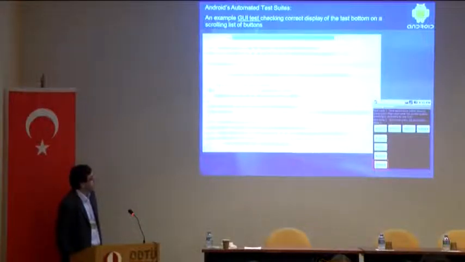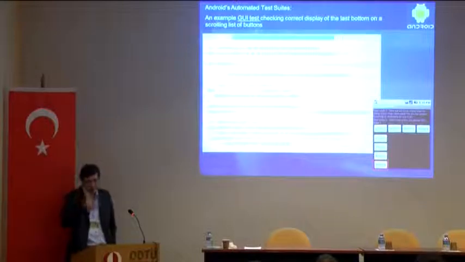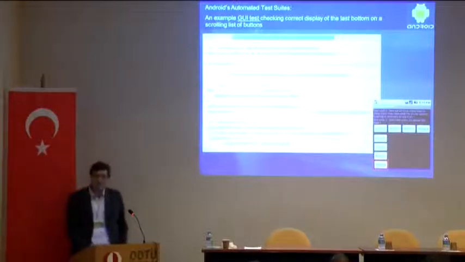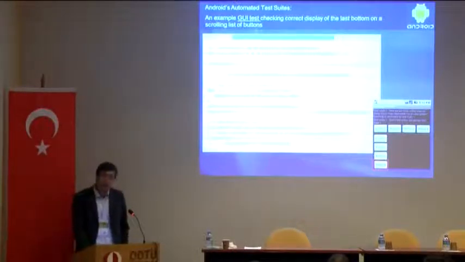And then, of course, you ensure that the last button has focus. If it doesn't have the focus, like the red color or whatever focus color, and then again you check that the bottom should be at the very bottom of the screen. So again, these are examples of UI tests that have been written for Android by the team that was involved behind it.